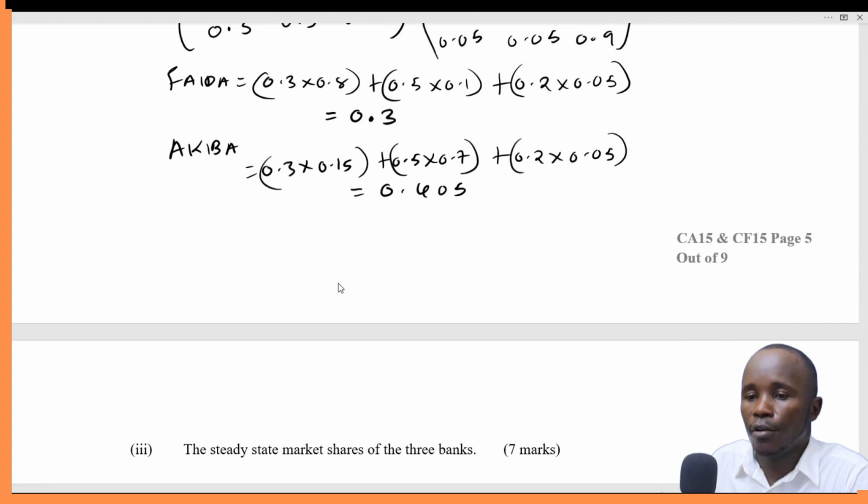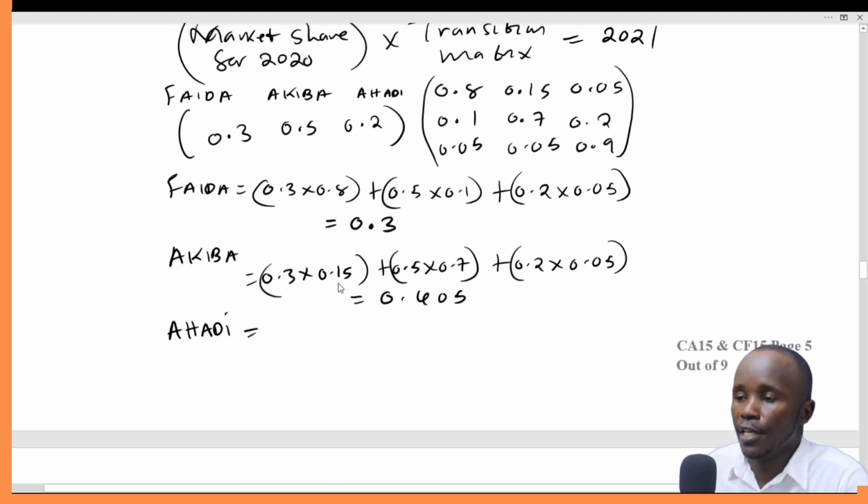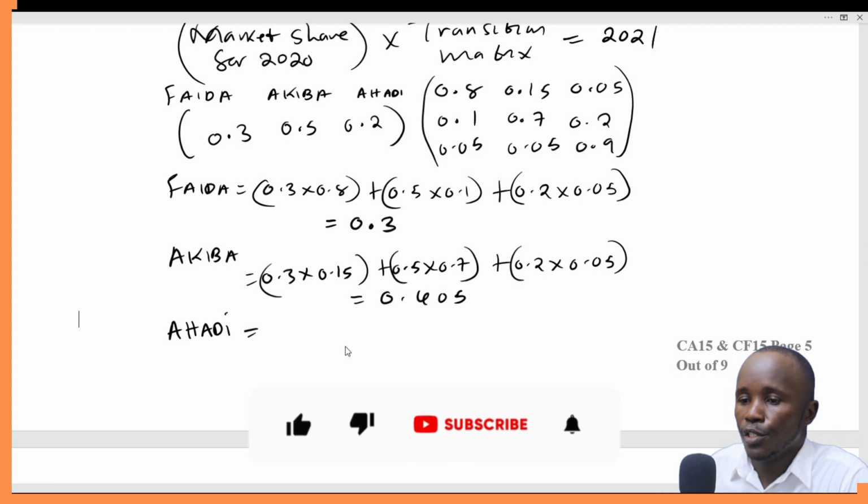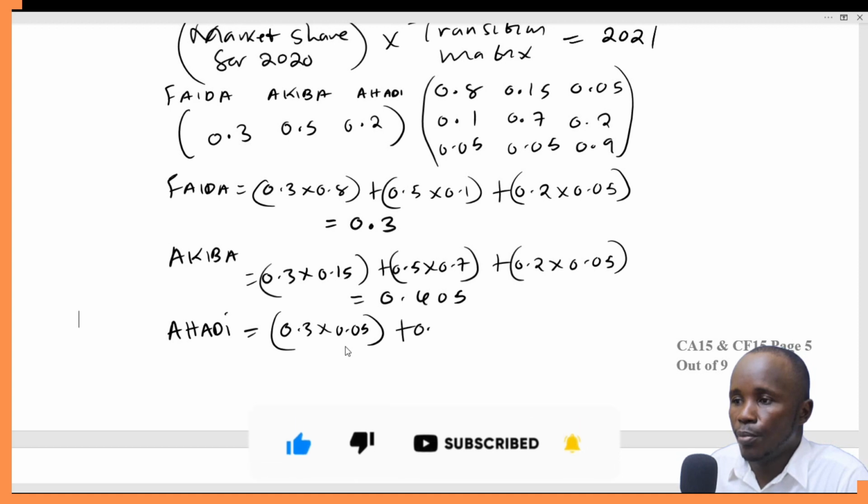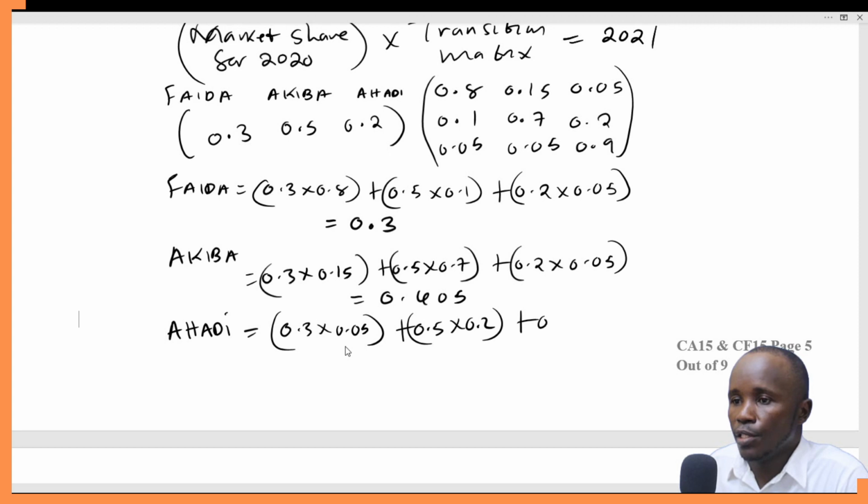This is a bank called Ahadi. The market share for Ahadi Bank in the year 2021 will be 0.3 times 0.05 plus 0.5 times 0.2 plus 0.2 times 0.9.